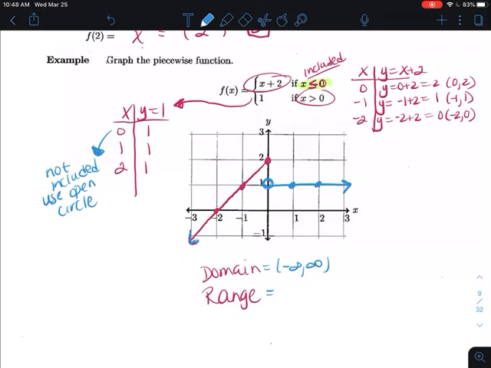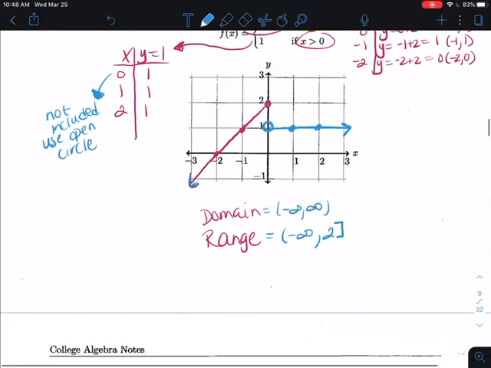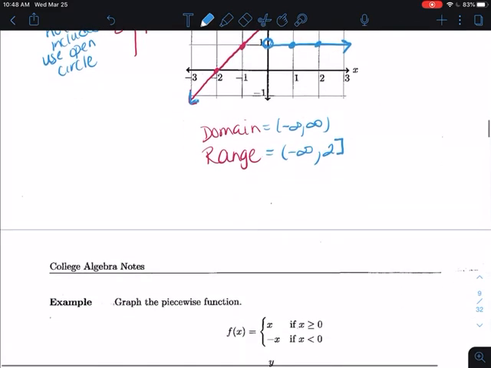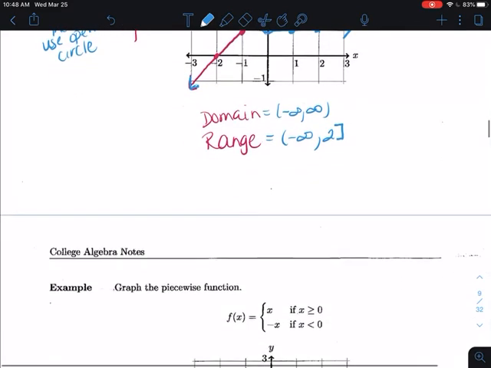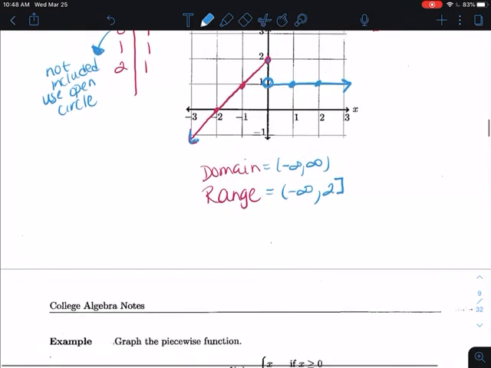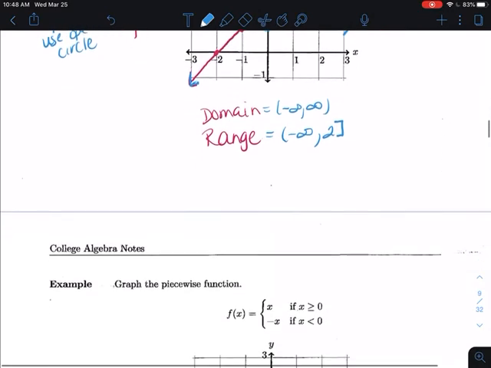This graph starts off at negative infinity. The highest y value on this graph is 2. And it's included, so you put a bracket. So that's your range. All right, I want you to go ahead and stop and try this example.